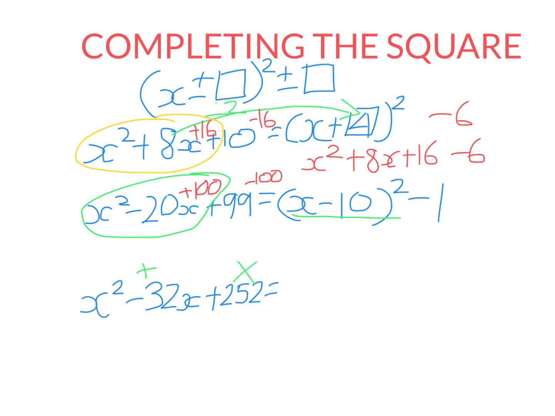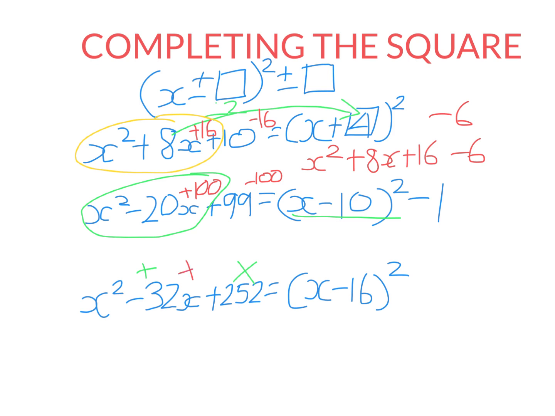It works like this. If it's x squared minus 32x, the perfect square part will be (x minus 16) squared. So why is it negative 16 of all numbers? This number that goes in the perfect square is always half the coefficient of x. So half of negative 32 is negative 16. Negative 16 squared is positive 256.